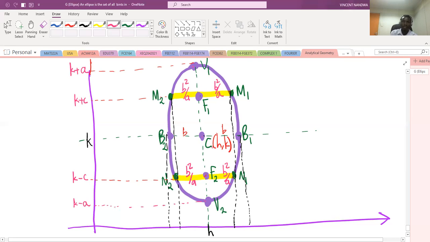I'm not deriving how we're getting b squared over a in this session. If you don't know how it comes about, please watch the previous videos. So this is h. Now if this is b squared over a, then this must be h plus b squared over a.